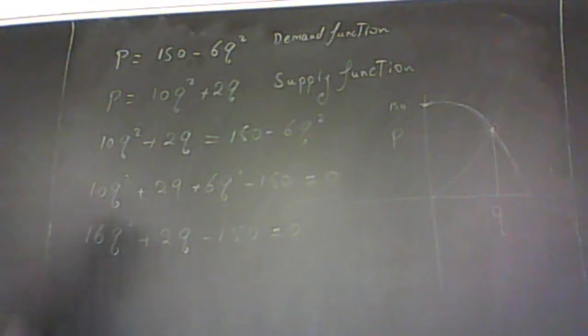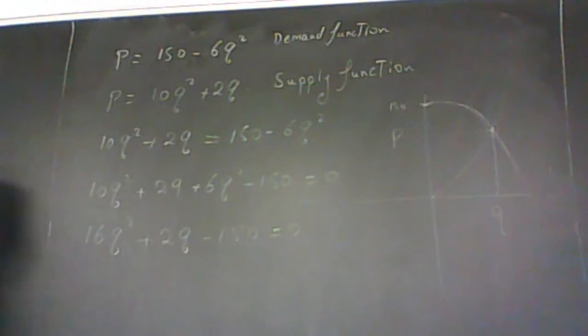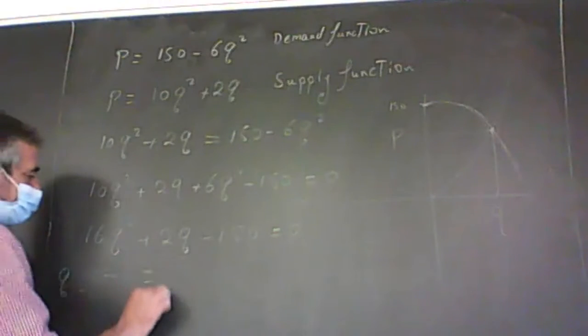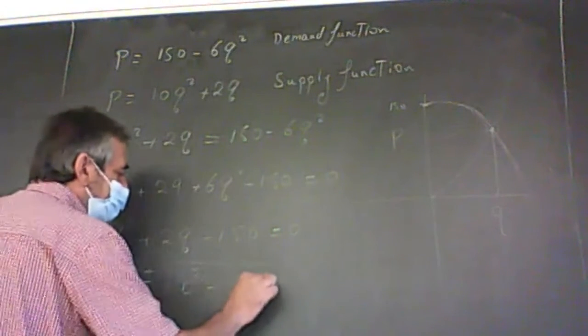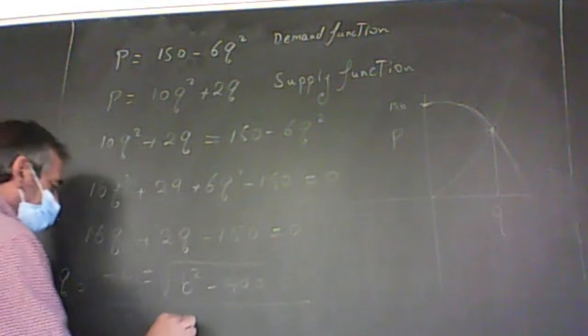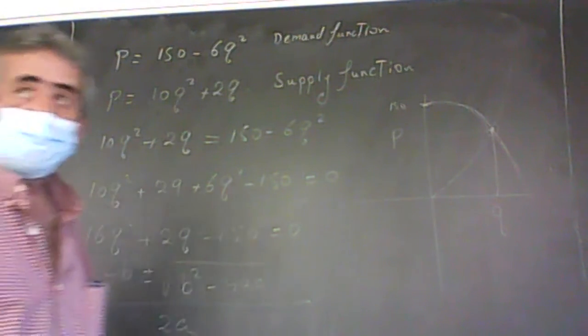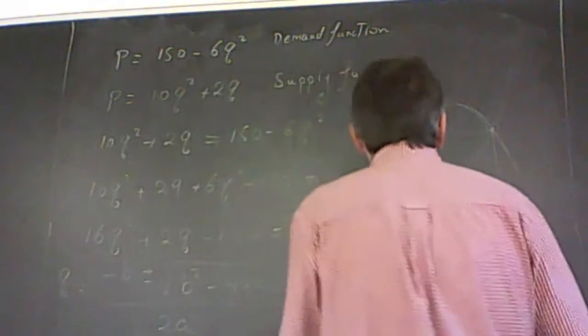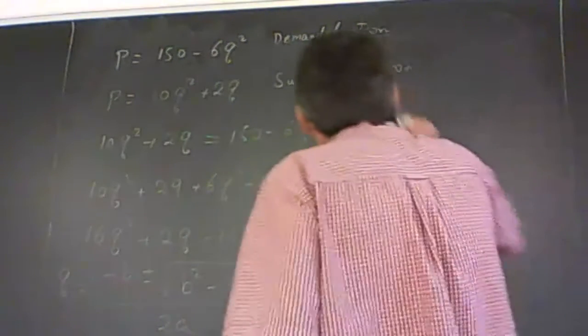Now, there are a lot of ways to solve this, but sometimes using the formula is nice. So what is the formula? Q equals minus b plus or minus the square root of b squared minus 4ac, divided by 2a. That's called the quadratic formula. Now let's apply this.